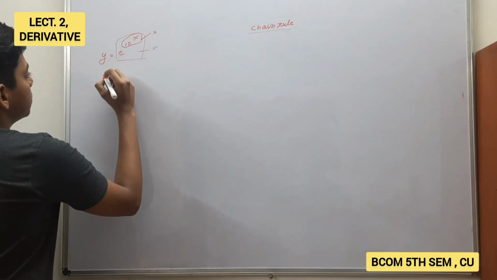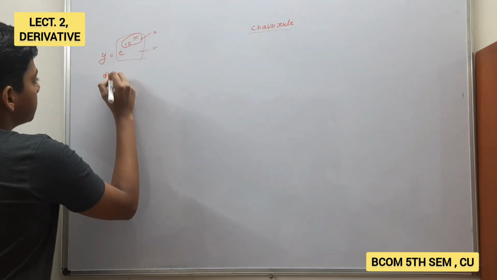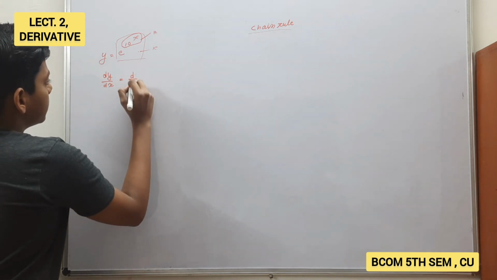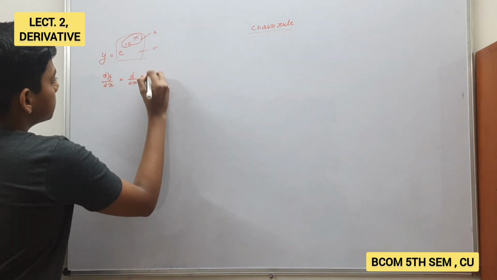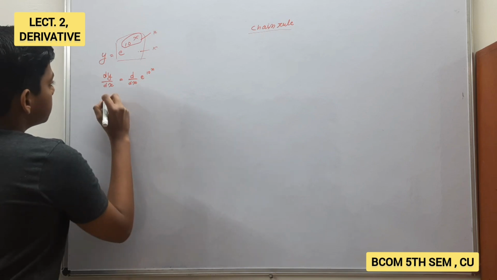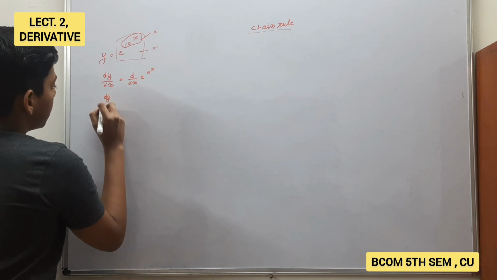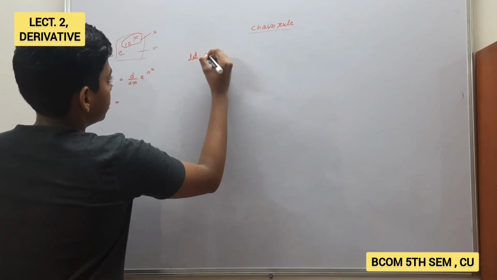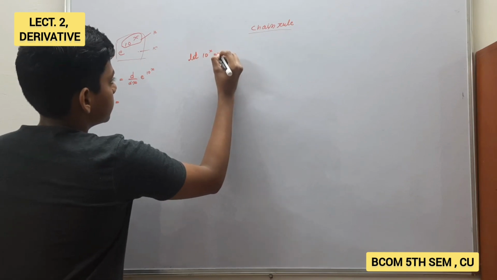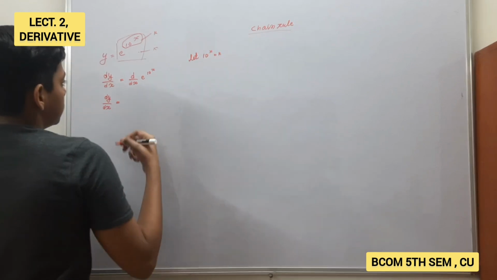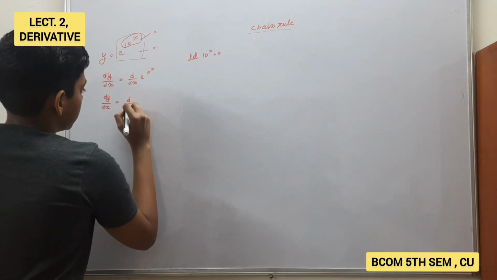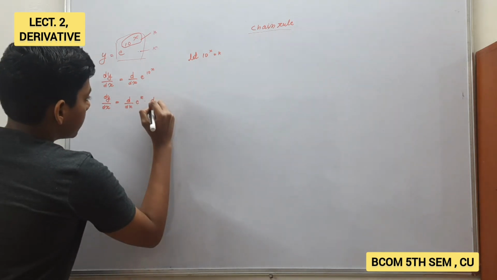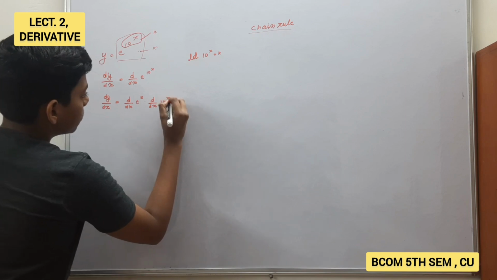So dy by dx is equal to d by dx e to the power 10x. Again, dy by dx is equal to, let 10 to the power x equal k. Then we will write here d by dk into d by dx 10 to the power x.